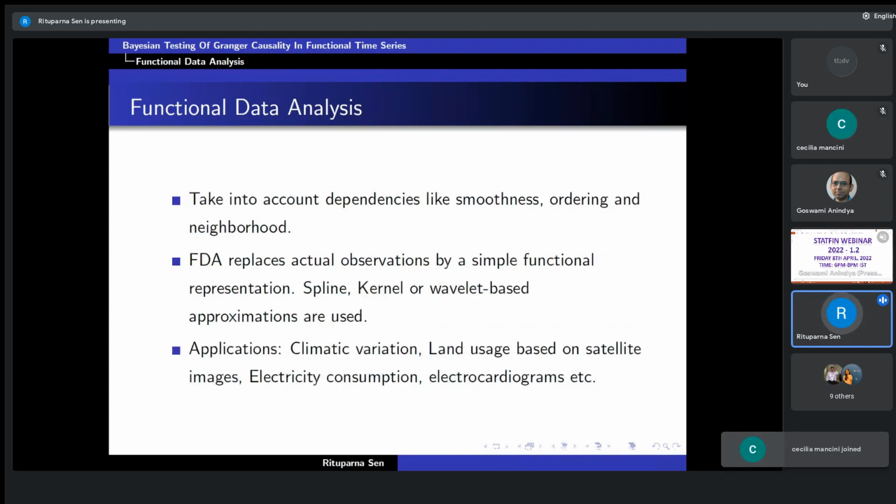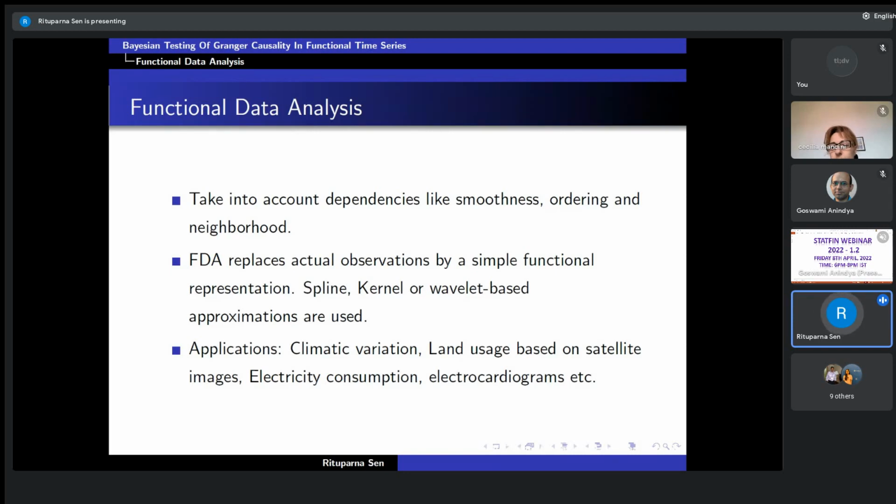What is different? Why do we need another set of tools for functional data? Why is multivariate not enough? And the reason is that sometimes the functions have smoothness that we want to take into account, and that makes our analysis stronger. But more importantly, it is about ordering and neighborhood. So I'll explain this a bit. So in the multivariate data, if you have, say, a k-dimensional object, then if you just want to reorder those k dimensions, that will not change much, other than the mean vector and the covariance matrix, you have some permutations.